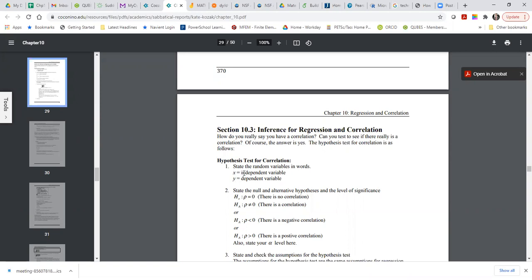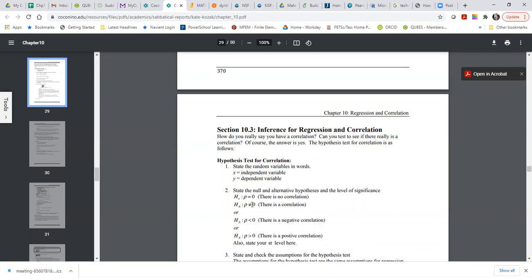So x is the independent variable, y is the dependent variable, because y is dependent on x, so x is the independent variable, and you need to state the hypotheses, I mean the null hypothesis and the alternative hypothesis.